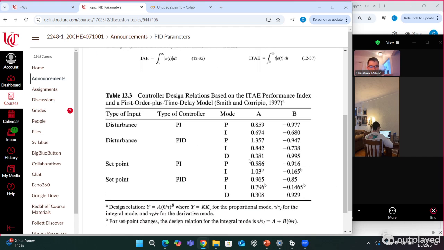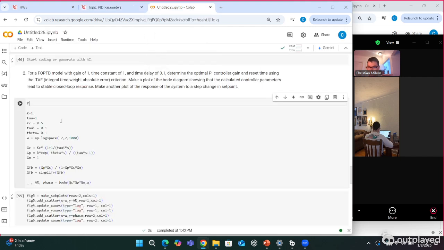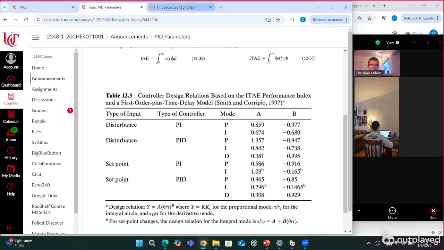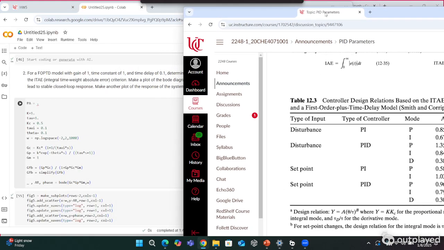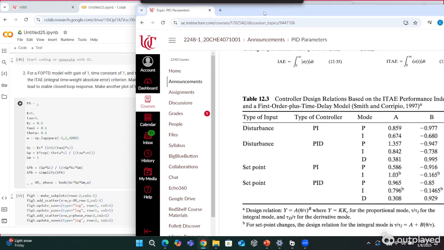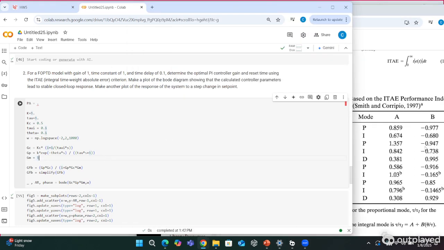So these are our parameters. It's going to be, so our PA is going to equal point here. Oh gosh.